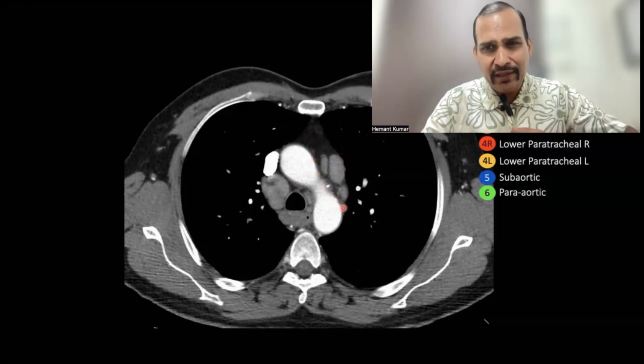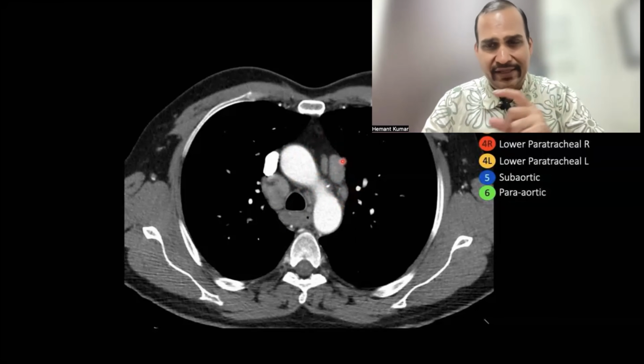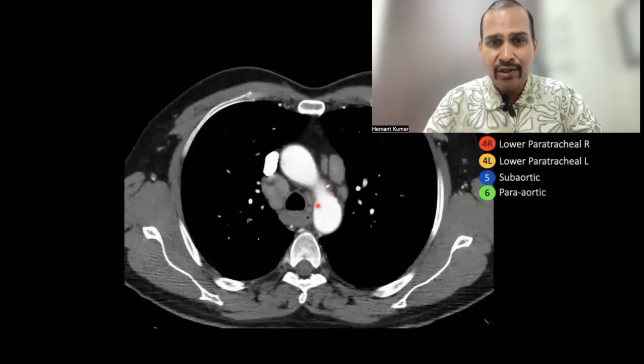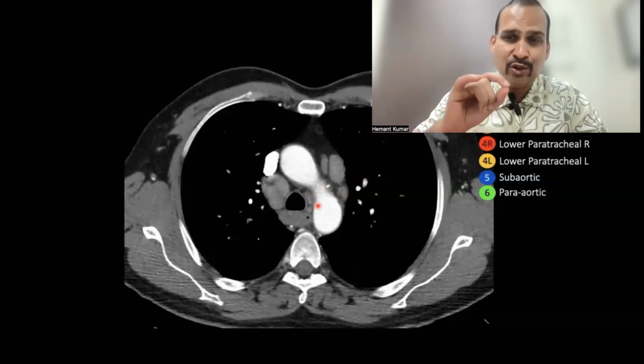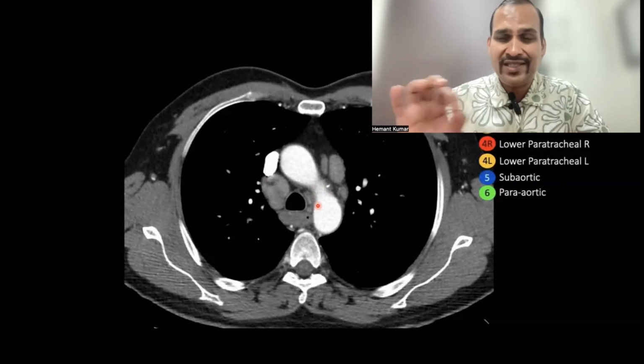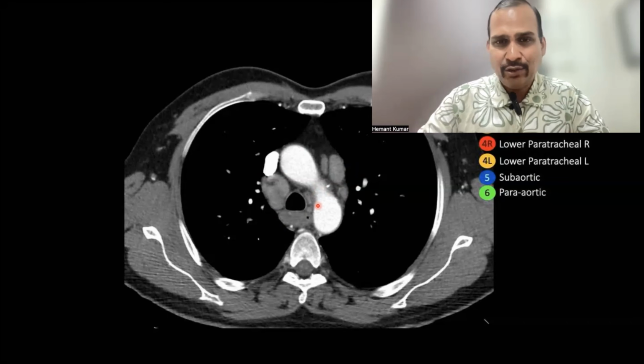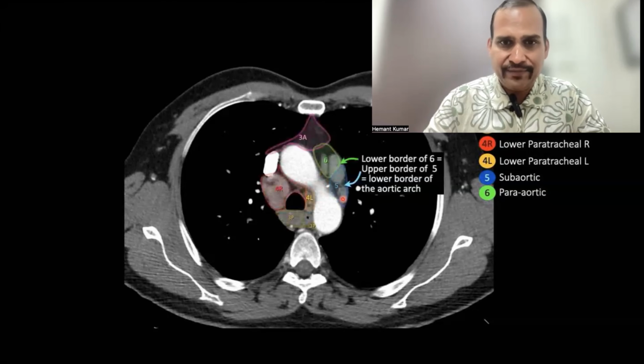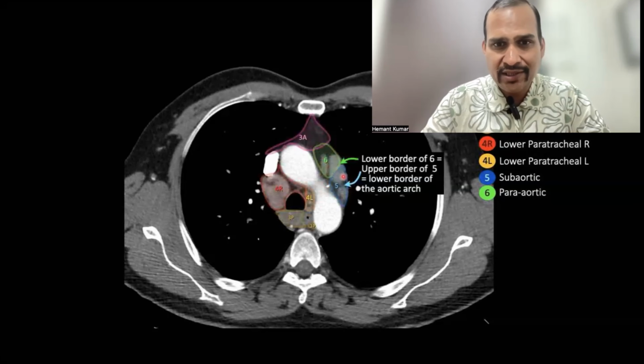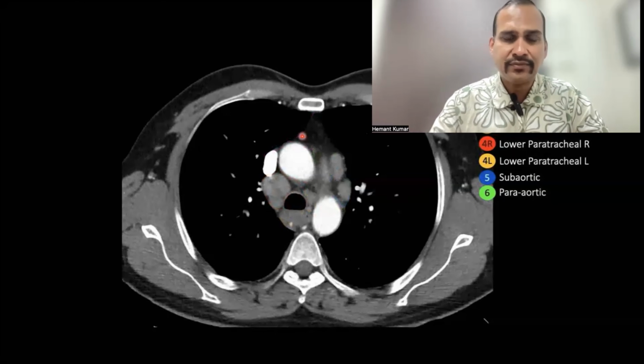So this is a very thin demarcation. But you should not worry because this is not going to change your staging of lung cancer. So this is para-aortic, this is sub-aortic. Okay, 4R, 4L, 3P, and 3A, right?